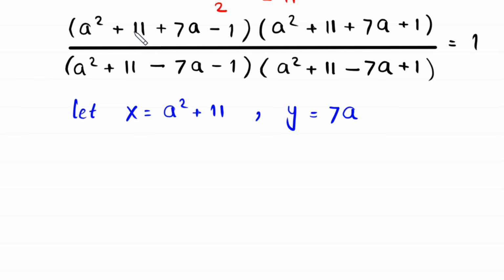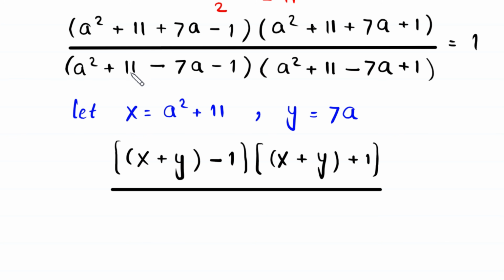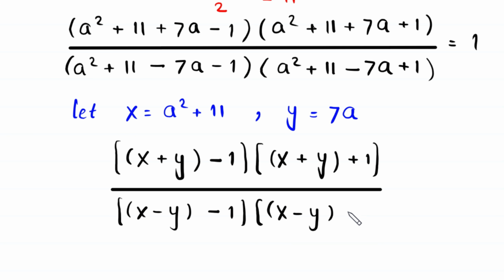So this numerator will become (x plus y minus 1) times (x plus y plus 1), divided by this denominator, which will become (x minus y minus 1) times (x minus y plus 1) equal to 1.